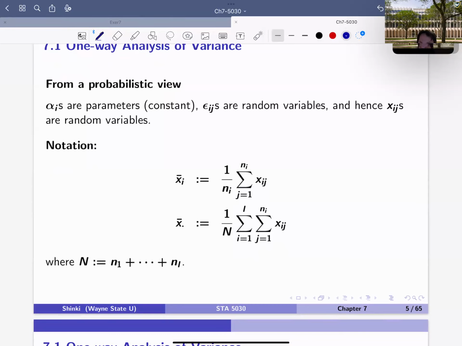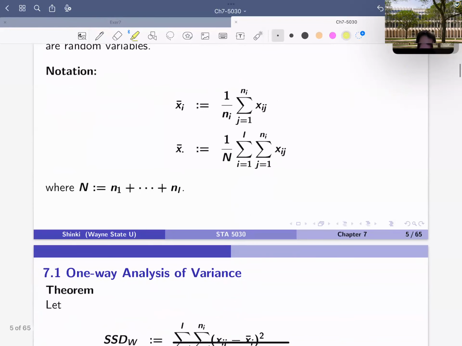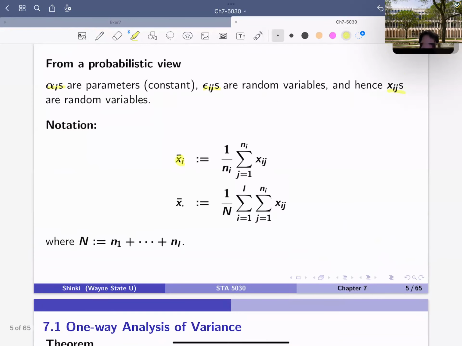So xij is alpha i plus epsilon ij. Constant plus random is random. So the xij's are random variables. And some notations, the x i bar, this is the group mean. So ith group mean.